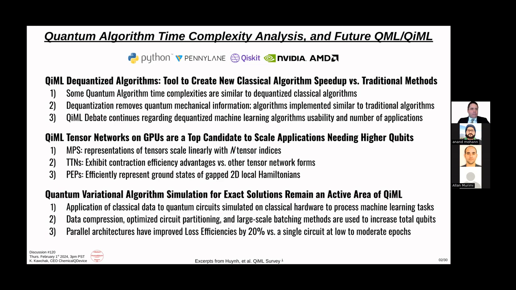And so basically, the time complexities are similar to quantum algorithms, meaning that they can be polynomially slower than the quantum algorithm. And it's basically saying that the quantum algorithm, if it were to be used on a quantum computer, would not have exponential speed up.